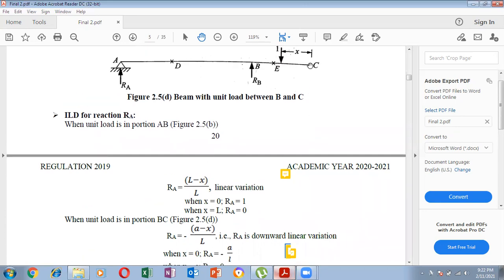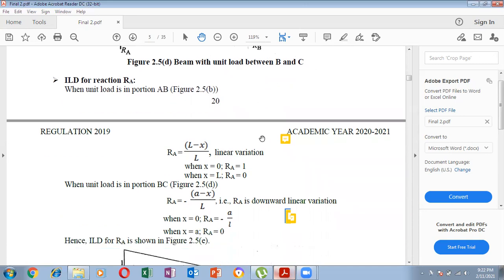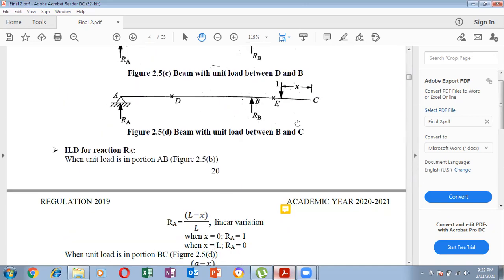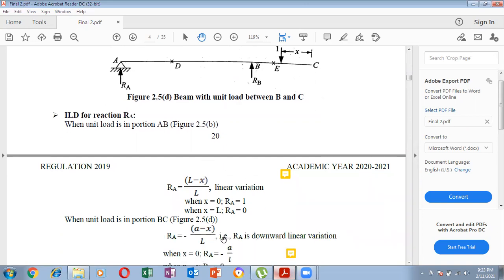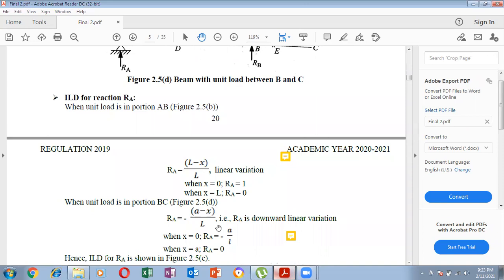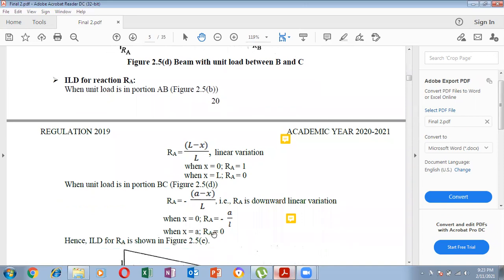When X is equal to 0, that is at the tip end, because we have taken X from C to the loading point, RA is equal to minus A by L. When X is equal to A, that is the maximum condition for this overhanging span, A minus A by L is equal to 0. So RA equals 0.